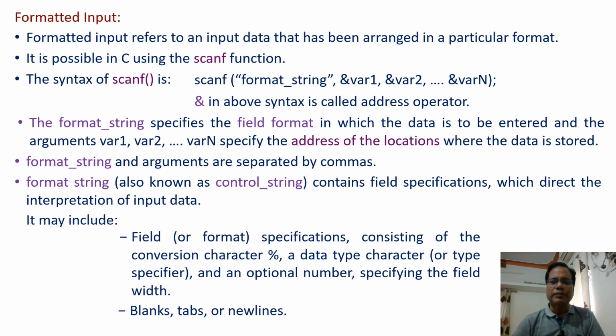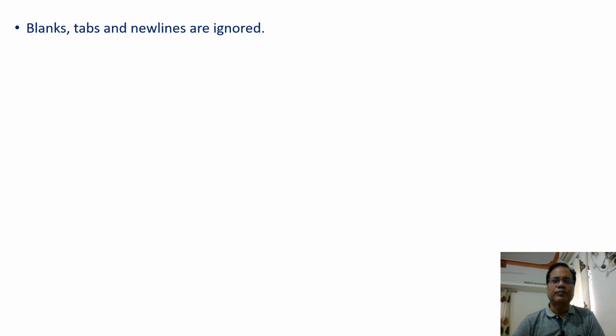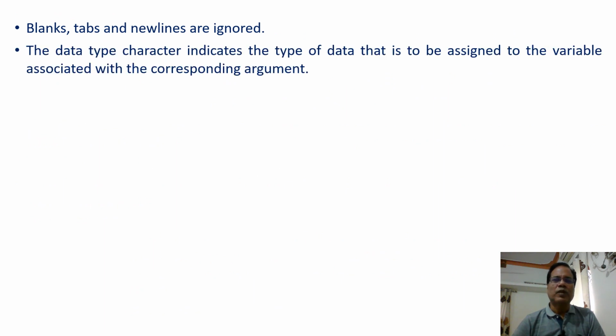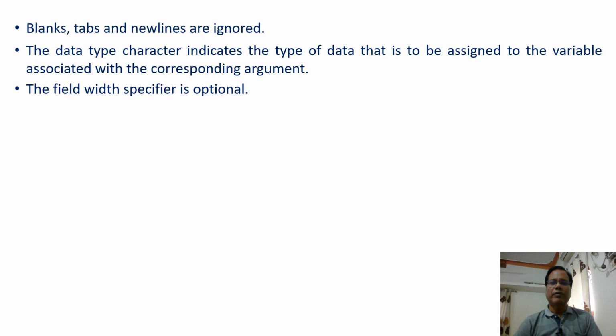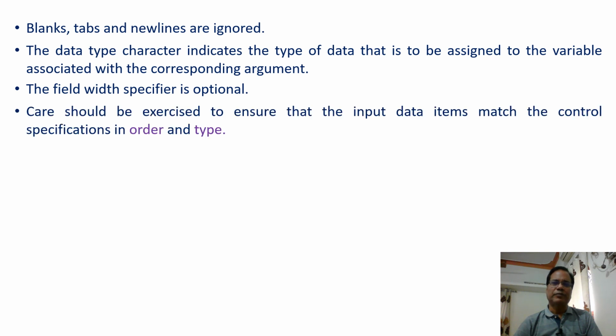Blanks, tabs, or new lines. So these are the things that are included in the format string, that is also called the control string. Blanks, tabs, and new lines are ignored. The data type character indicates the type of data that is to be assigned to a variable associated with the corresponding argument. The field width specifier is optional.